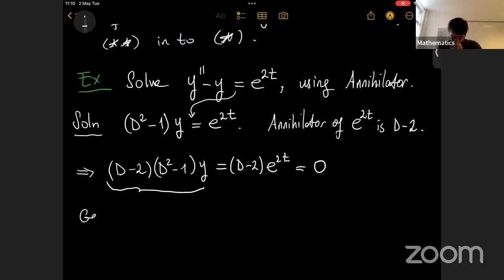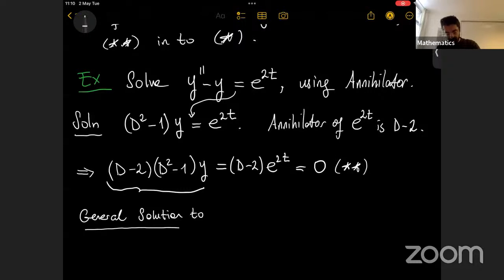So this general solution here, let's call this double star, and let's call the original equation star, okay? Double star. Well, the roots are 2 and plus minus 1.